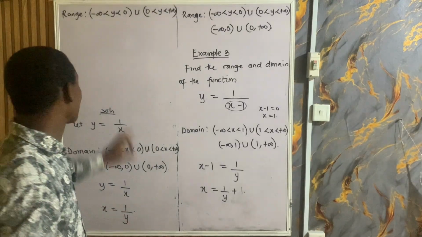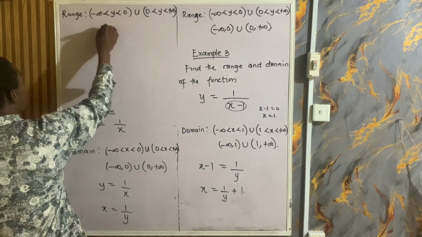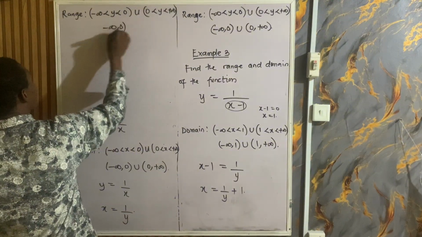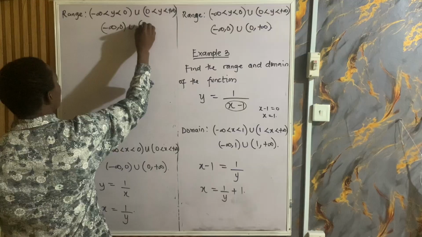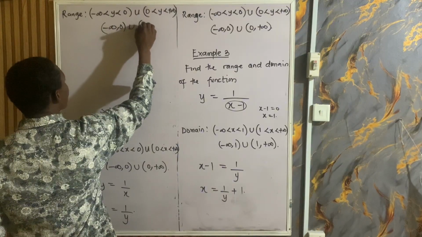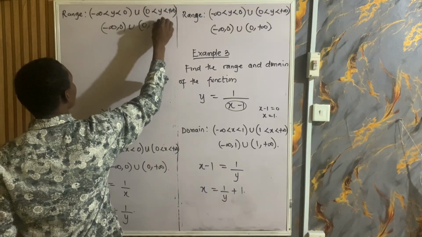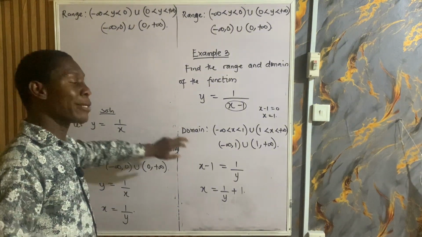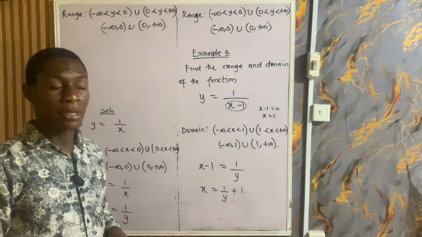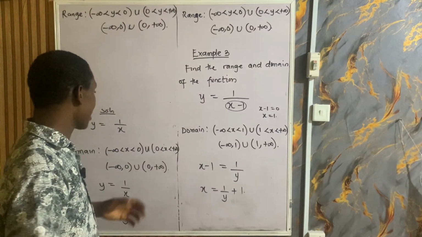So this is that for our range. And you can write it like this: minus infinity, comma 0, union, then 0, comma positive infinity. Now you can see that our range and domain is not the same here. So that's that. Let's take another example.